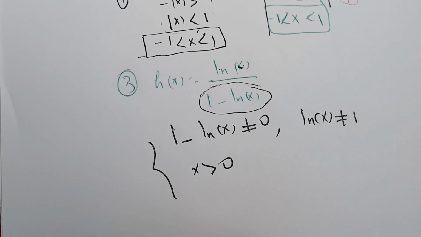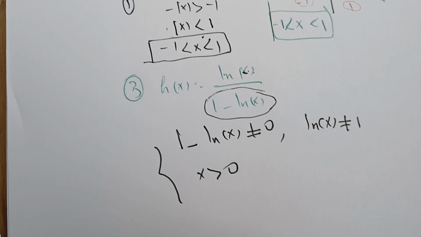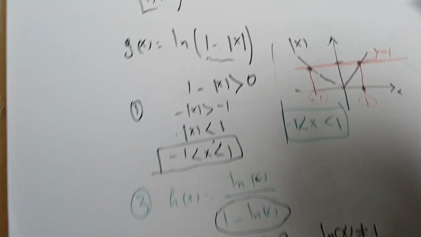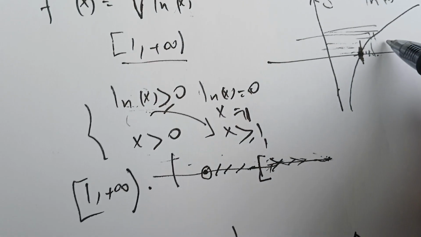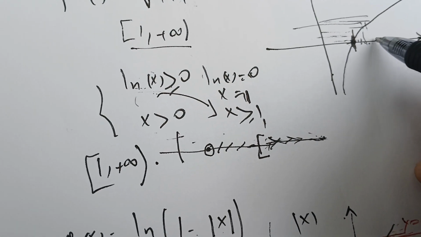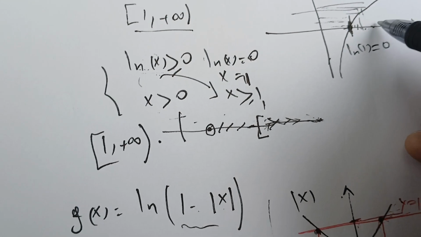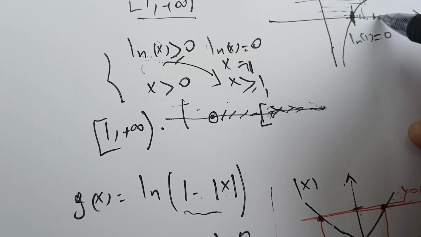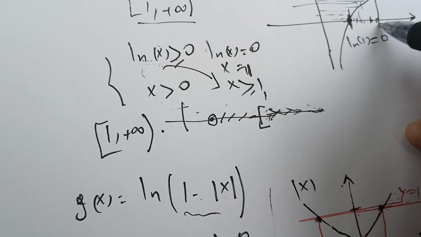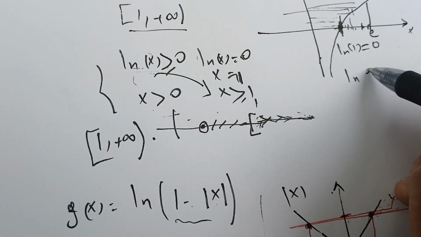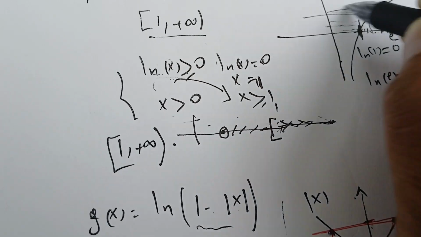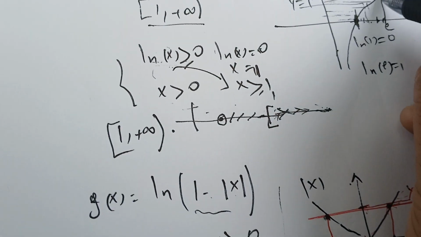So this condition here, remember the graph of the log from the first example. The natural log of 1 is 0. And this is 2, this is e, so this is e. And the natural log of e is 1. So this is 1 here.